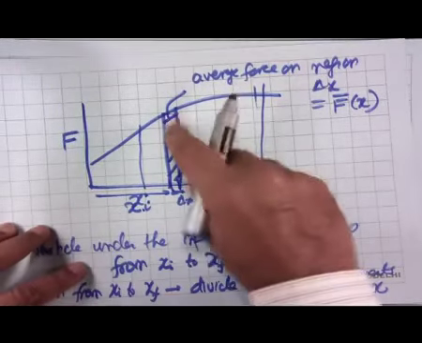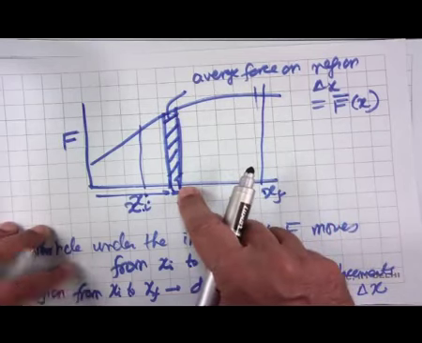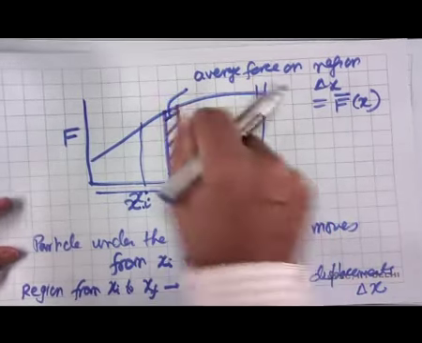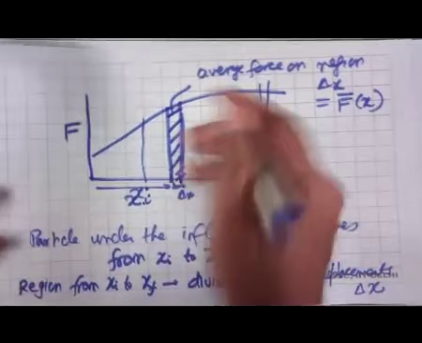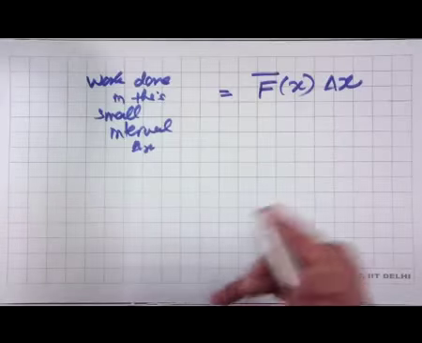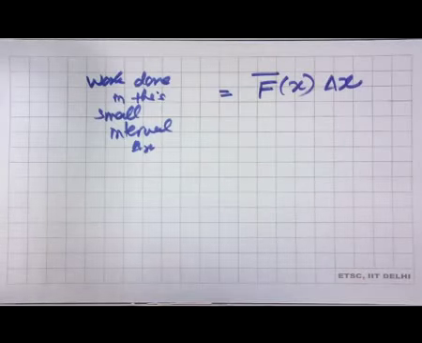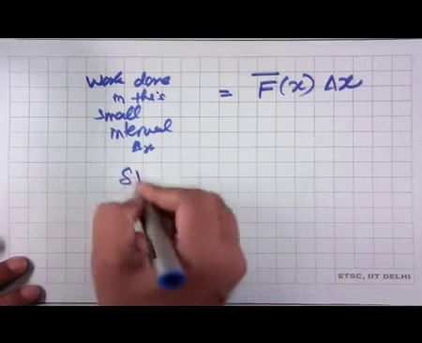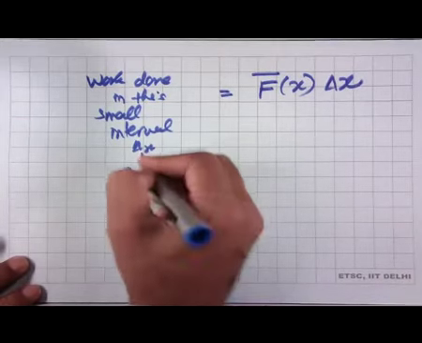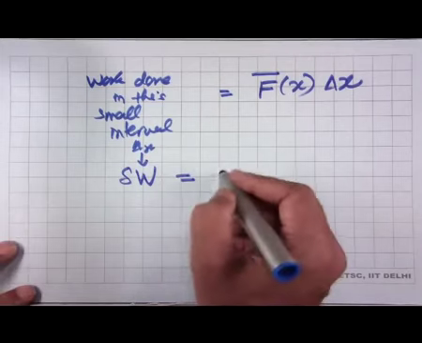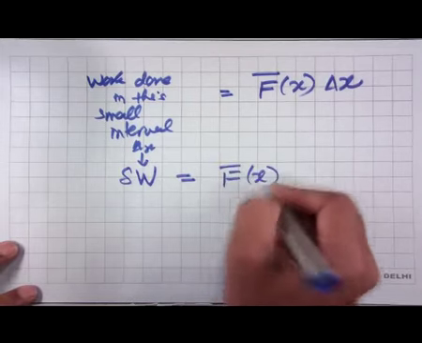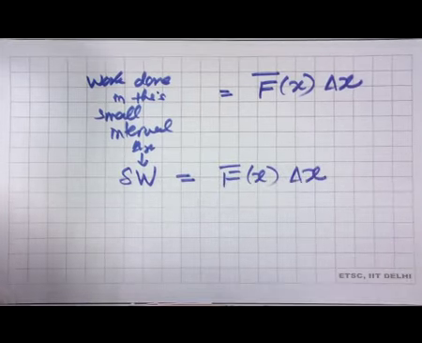And this you will see is the area of this small strip which I have shown as shaded. So, now we can write this as delta W, the work done over the small interval delta x, equal to f bar of x times delta x.